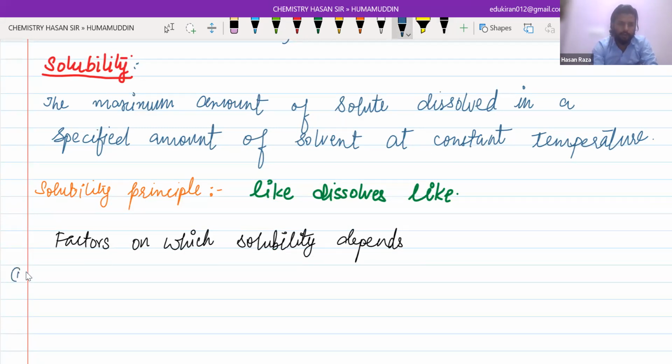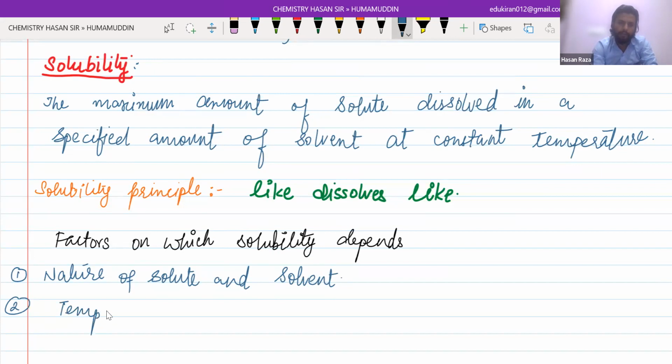The first one is nature of solute and solvent, and this is related to your solubility principle. The second factor is your temperature. And the third factor is pressure. So we will discuss this one by one. Just let me know when you are done with this, then I will move to the next.